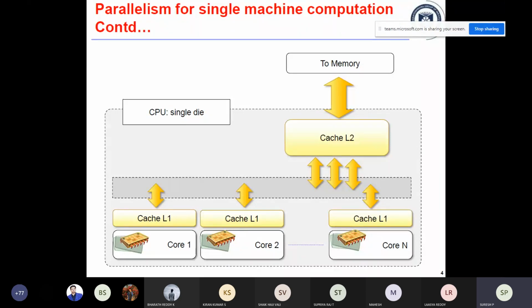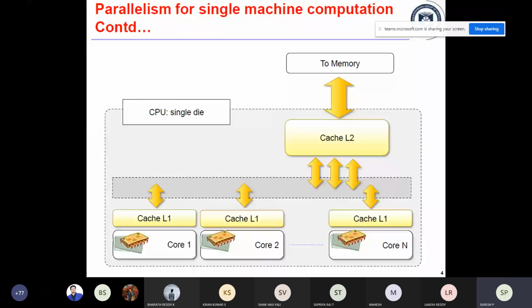So what does the cache hold? The cache holds the recently executed instructions. Now, how does the memory hierarchy go? When you start executing a program, first the program looks for that particular program to be executed in the cache.